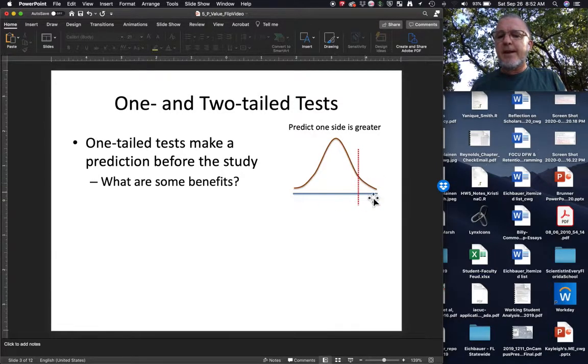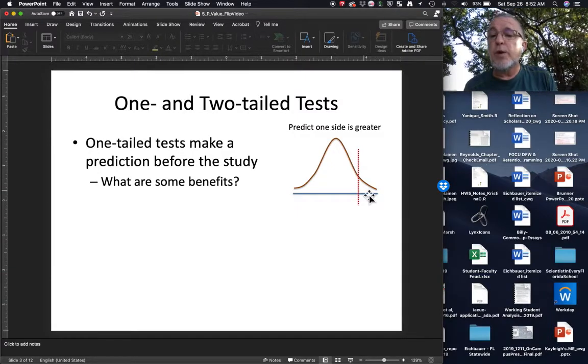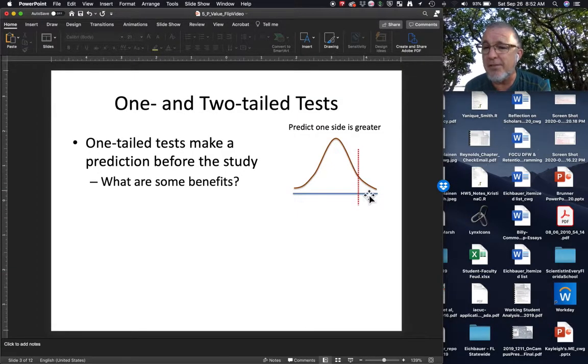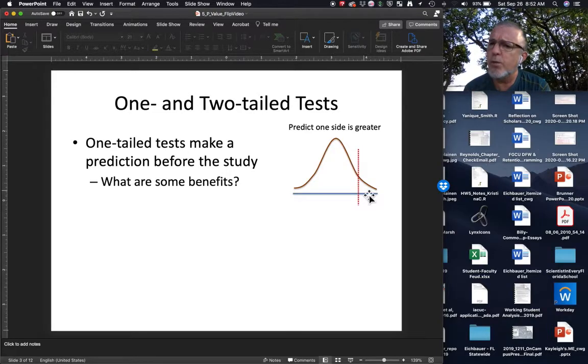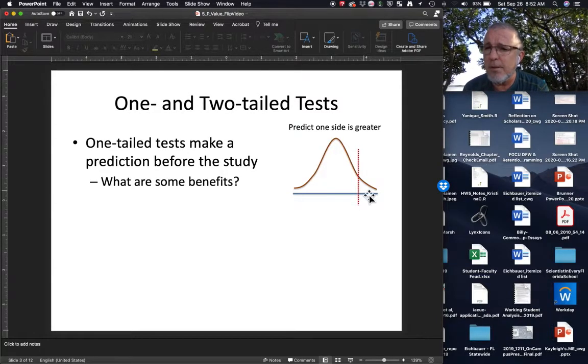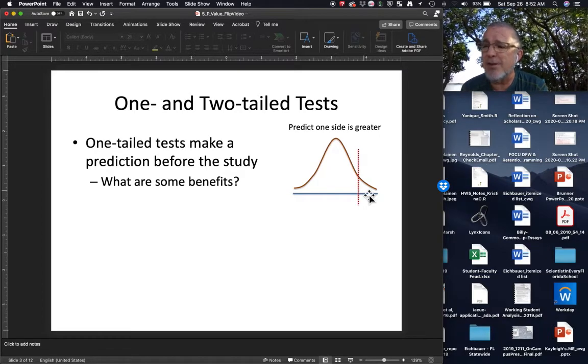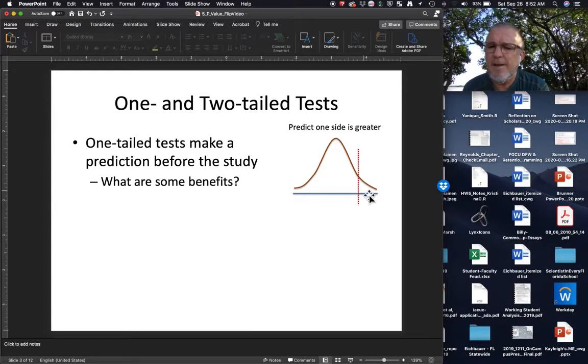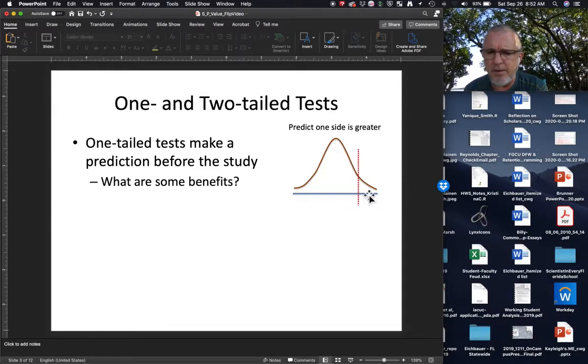What that does is increase the area in which we can reject the null hypothesis. There are benefits to it, and there are weaknesses to it. One benefit is that if you have a very small sample size, this can be an approach that allows you to look at the data. Two, if you know exactly what's going to happen, because this is part of a study that is just repeating procedures that have been done time and time again, then you could do a one-tail with pretty good confidence.